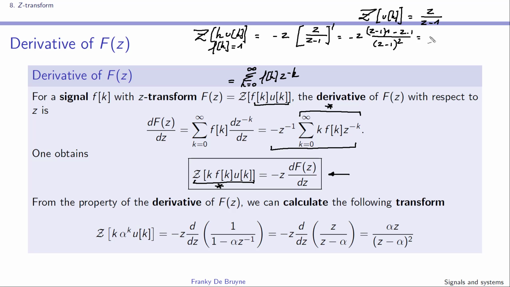So you have minus z. So here you have z minus z, right? This will cancel out with this one, and you'll have minus 1 over here. So minus 1 over z minus 1 squared. So this is z over z minus 1 squared. And this is how you obtain the z transform of this sequence over here.